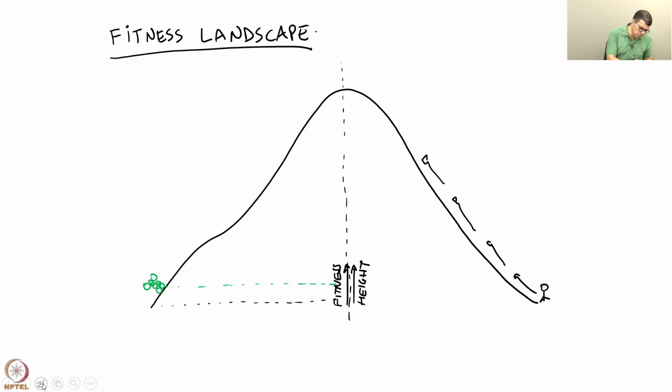But this process will not stop here. This will continue till one of the individuals here picks up another beneficial mutation, and then the progeny of the blue individual will outcompete the progeny of the green individual because it is fitter, and hence the population moves here, and in the process the green population is lost.